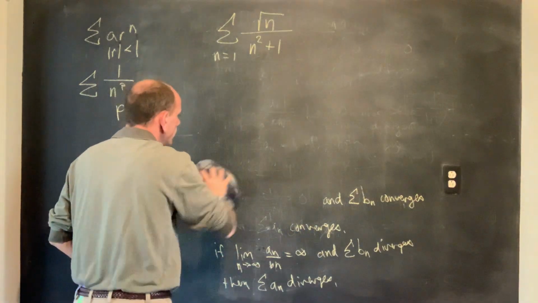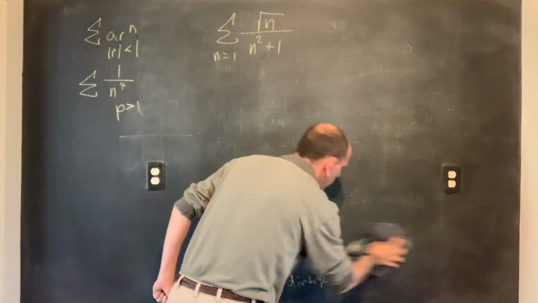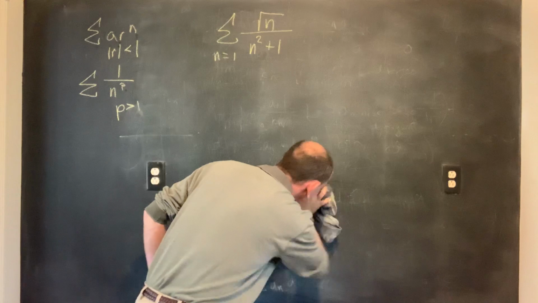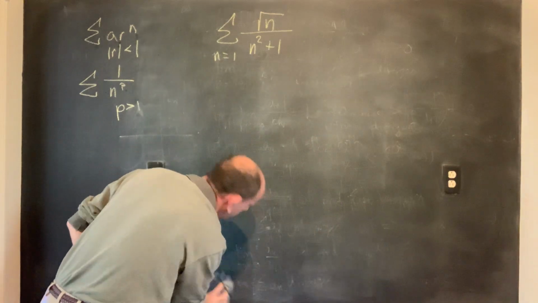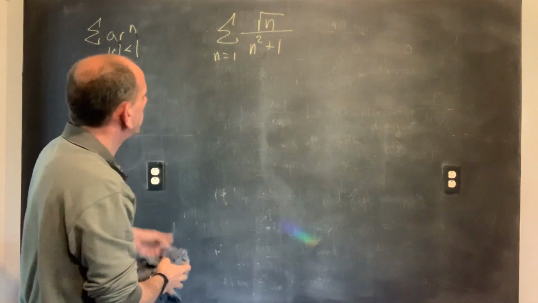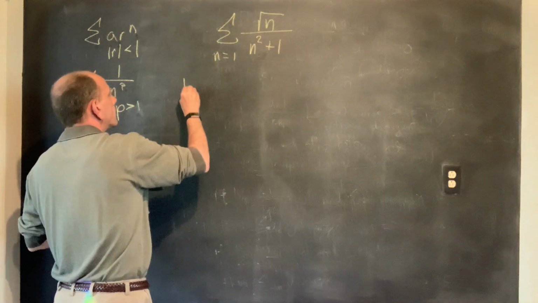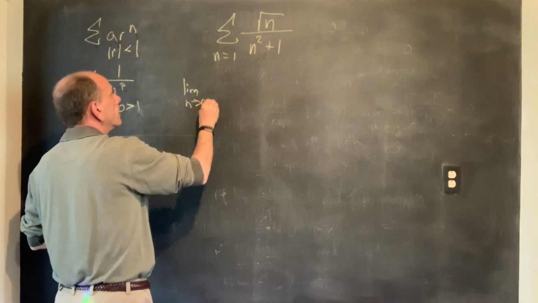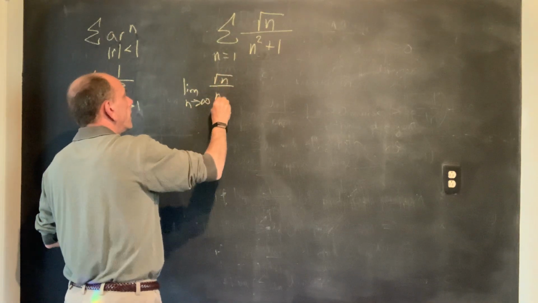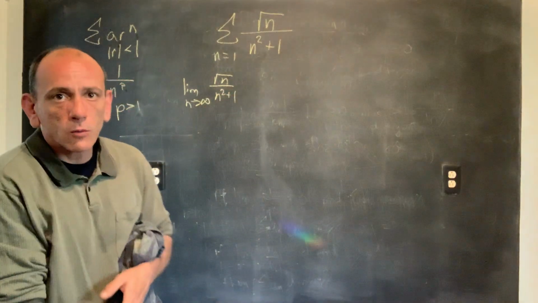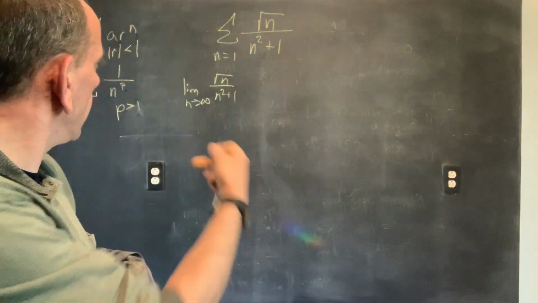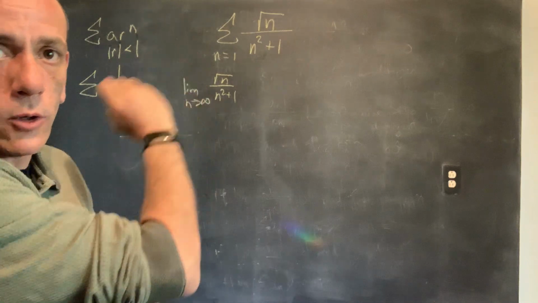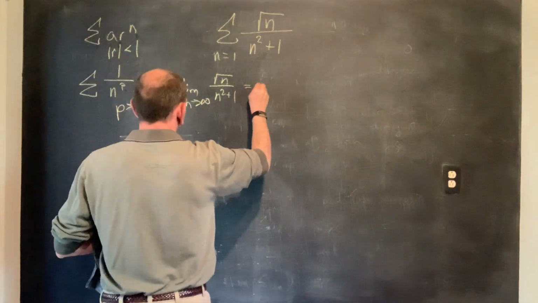Okay, so the first thing I'm going to look at, if you hand me this problem out of the blue, first thing I'm going to do is take the limit of the terms, right? The limit as n goes to infinity of root n over n squared plus 1. Well, clearly the degree is bigger in the denominator than it is in the numerator, so that limit is 0.